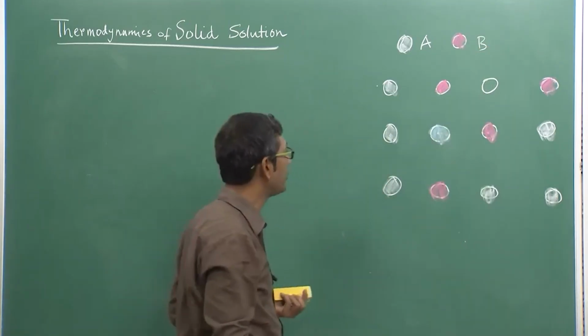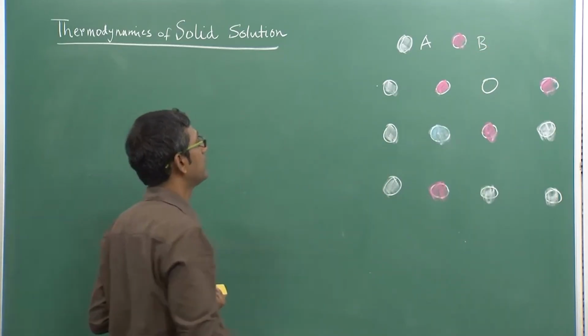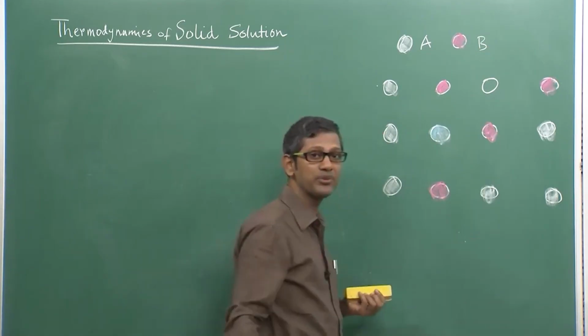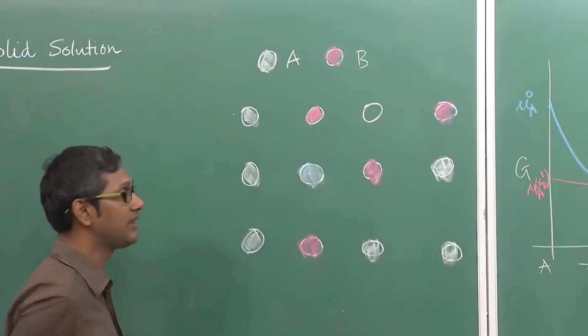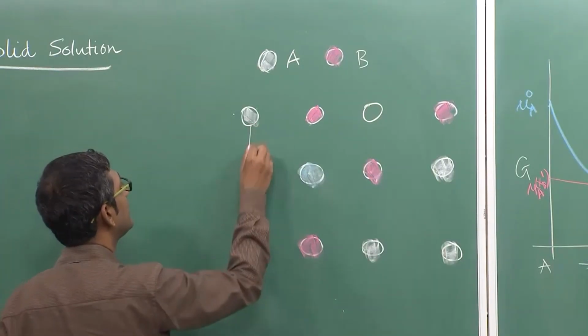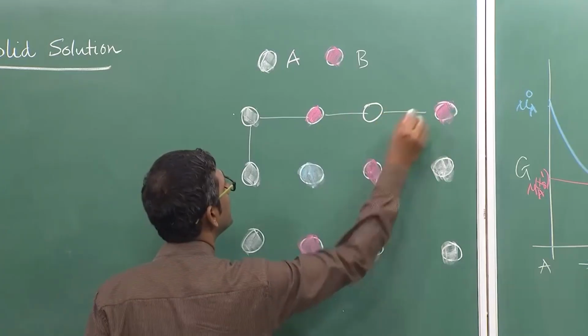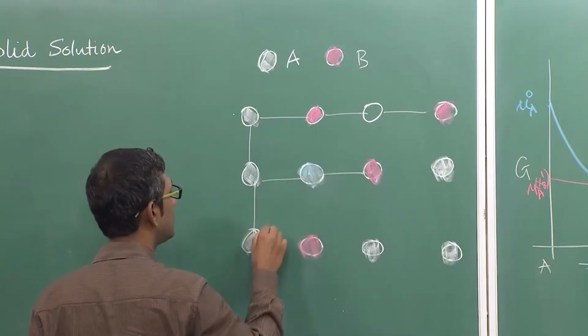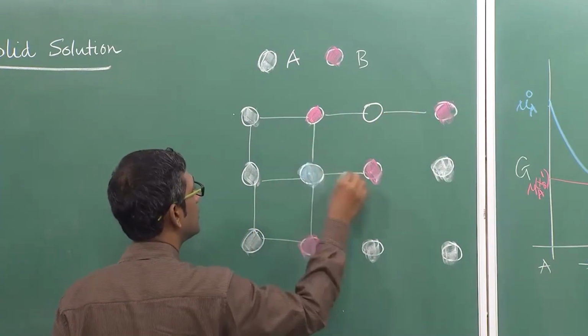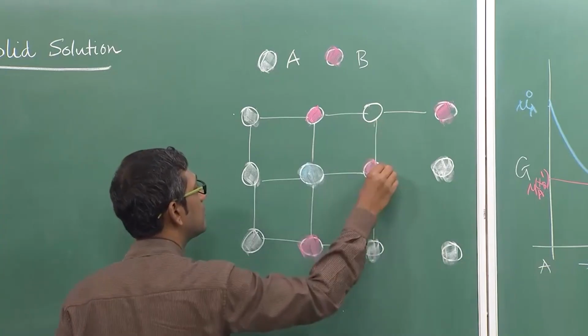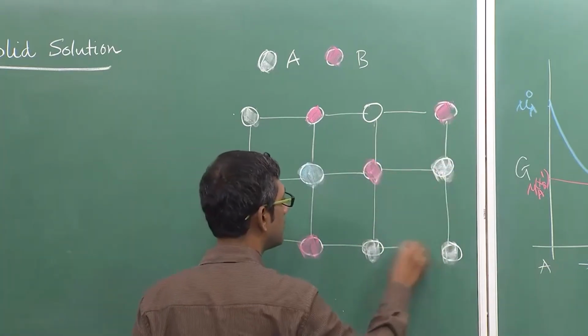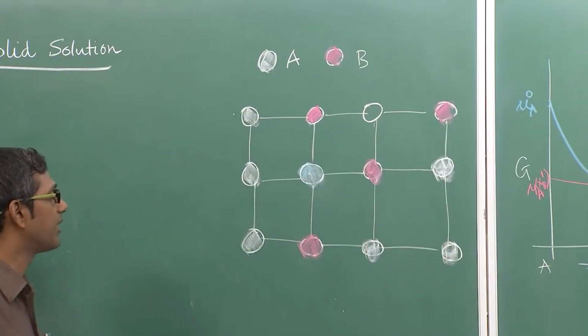So, in a solid solution like this, I have atomically mixed atoms, some are A, some are B. So, I can clearly see, if I draw the bonds, suppose these lines indicate the type of bonds.